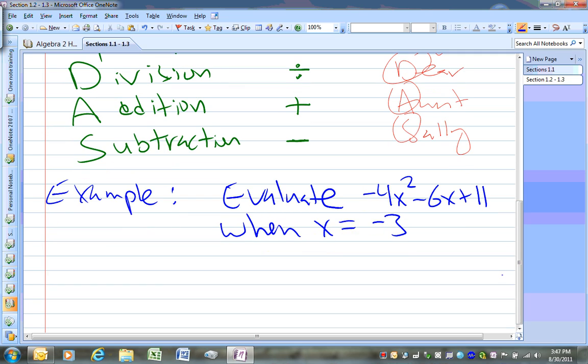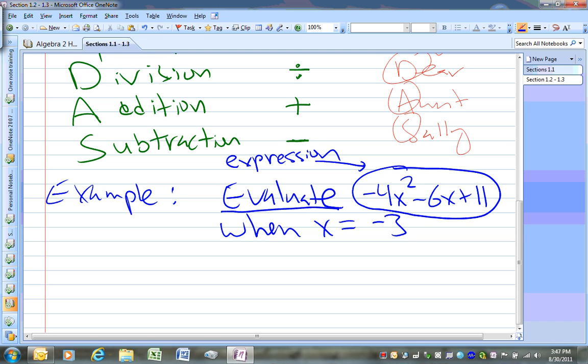One thing I want to talk about before we do this problem: this right here is called an expression. Please, please do not call this an equation. There's no equal sign, just an expression. And we evaluate expressions. We don't solve expressions. Equations we solve. So expression, evaluate, they go together.